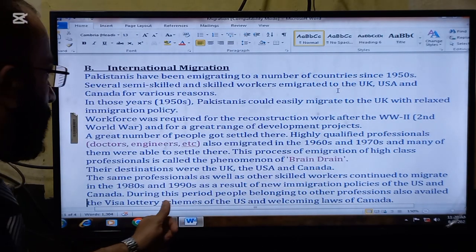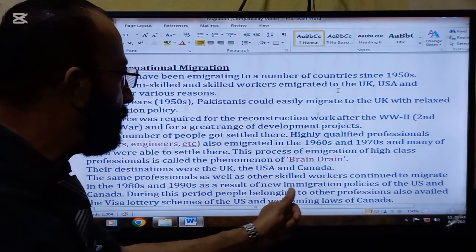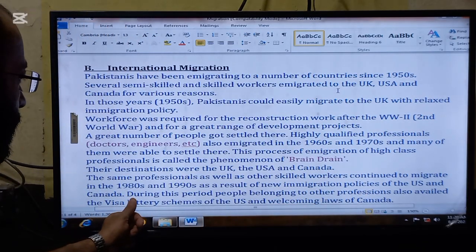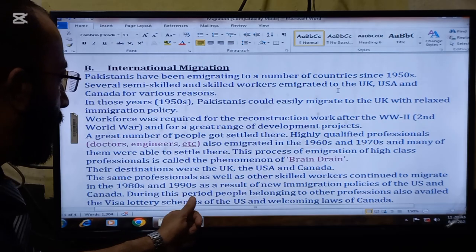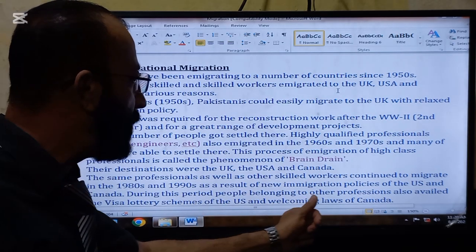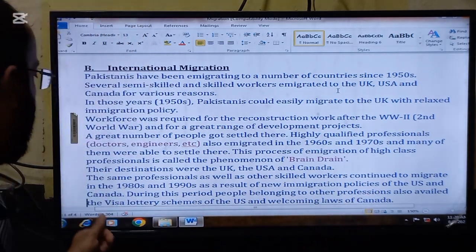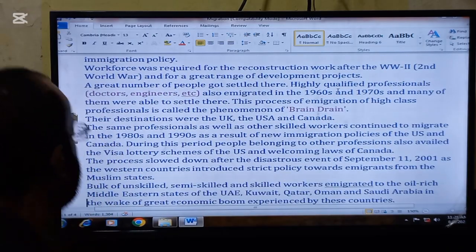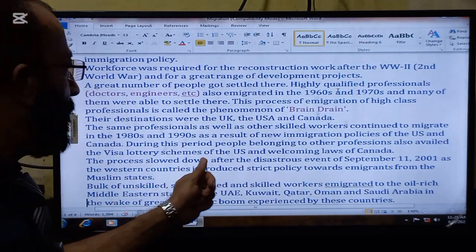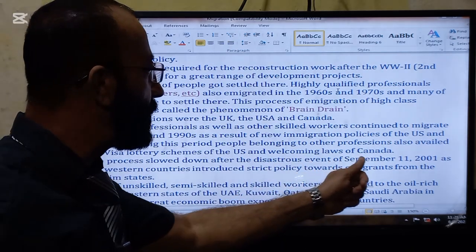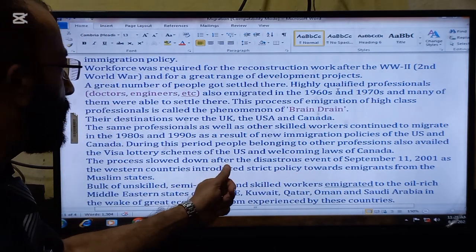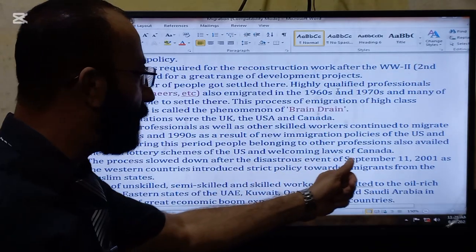The same professionals as well as other skilled workers continued to migrate in the 1980s and 1990s as a result of the new immigration policies of the USA and Canada. During this period, people belonging to other professions also availed the visa lottery schemes of the US and welcoming laws of Canada.